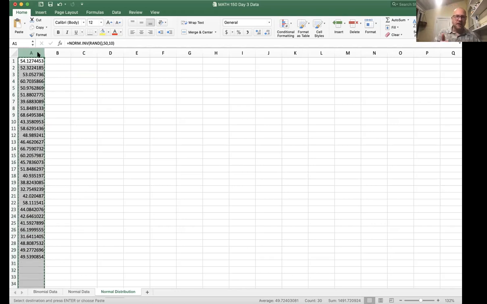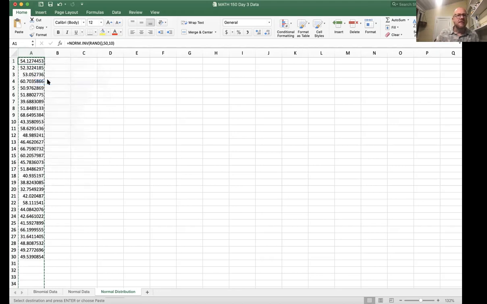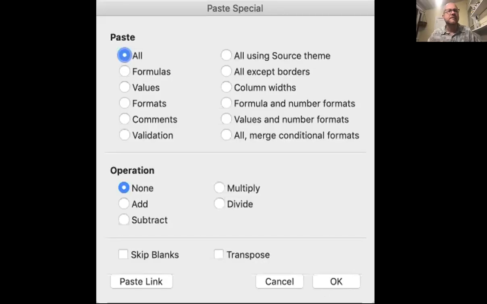Copy it either by right-clicking or by hitting Command-C, Control-C, or whatever, and then we're going to paste it. And we're going to have to tell it to paste special. For the paste special, there is a window that you can't see. I forgot about that. So I'm going to do the share screen so that you can see it. All right. So the paste special window has these choices here.